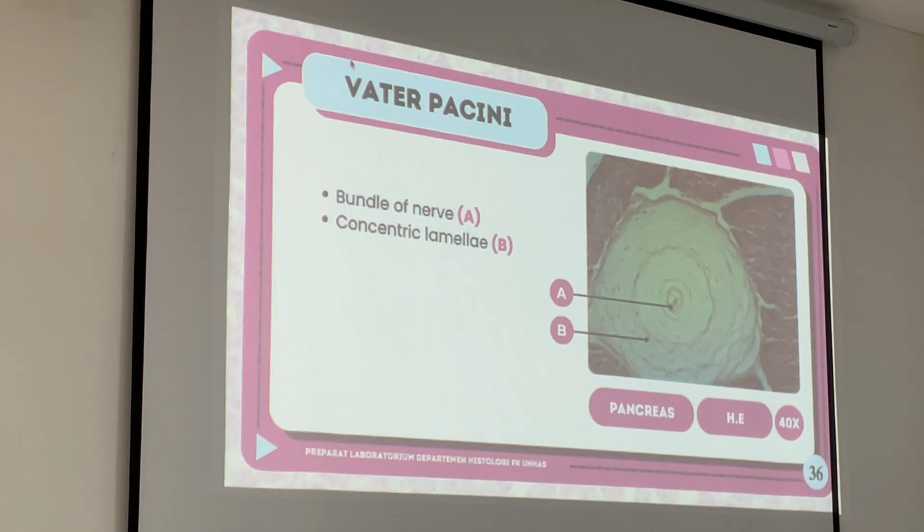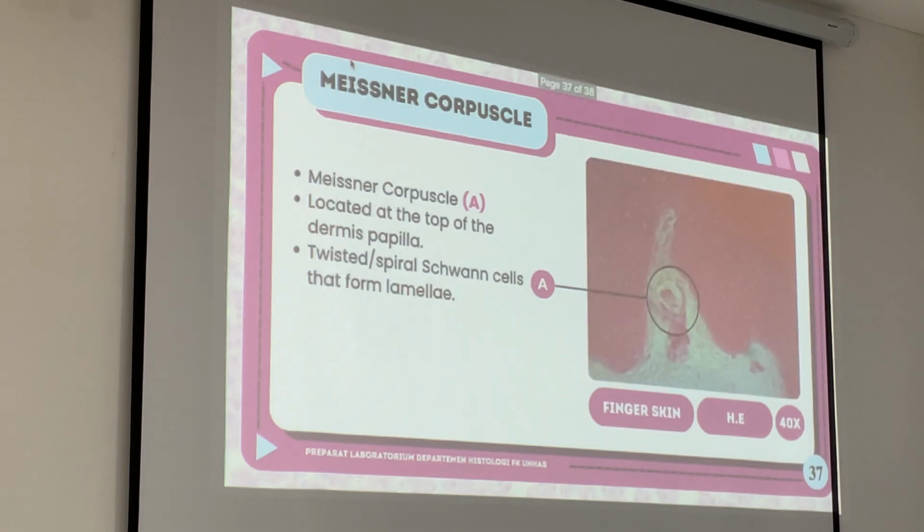That's because it's a dull sensation from the Vater-Pacini in your pancreas. That's the function of Vater-Pacini in the pancreas, but it also does the same in your fingers. If there's a forceful touch, you can feel it from the Vater-Pacini. In Meissner, it's more a soft touch.